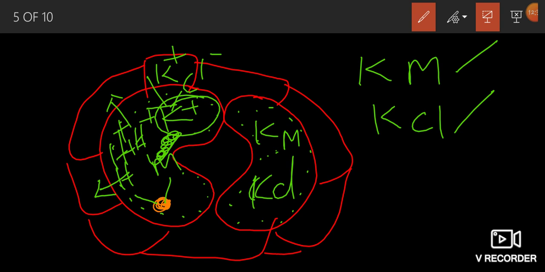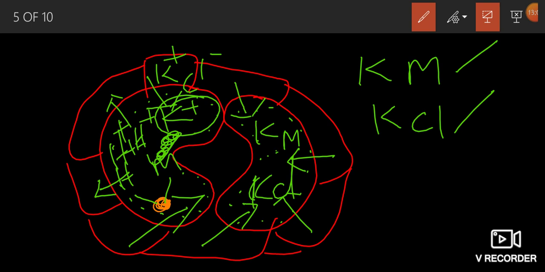It means that in the neighboring cells, the subsidiary cells, the water potential is high. Automatically water moves from the high water potential of the subsidiary cells to the low water potential of the guard cells. So water enters the guard cells.